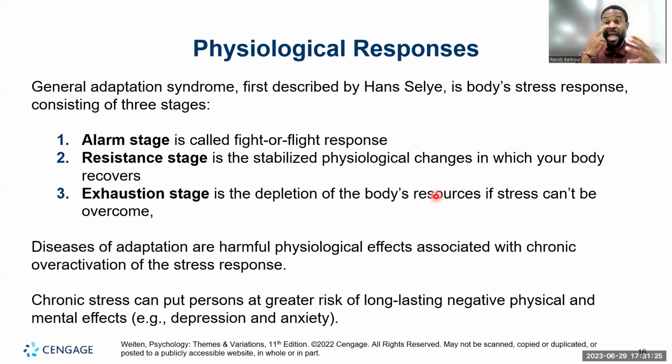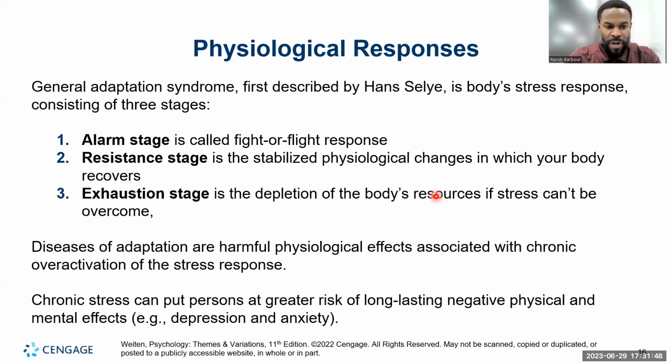Again, there are certain things that happen when we have that fight or flight response. And when we can't overcome the stress, then our body becomes depleted. All the energy stores, again, the energy has to go somewhere. And if we're expending energy, we don't have an unlimited amount of it, right? And so we will eventually be depleted, and that's when we have the exhaustion phase.